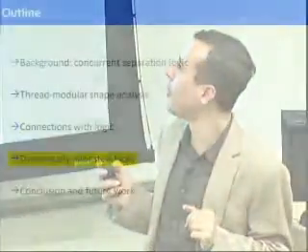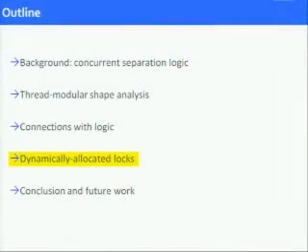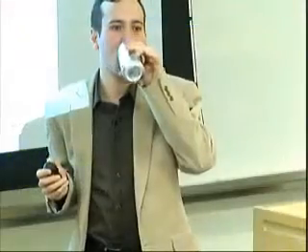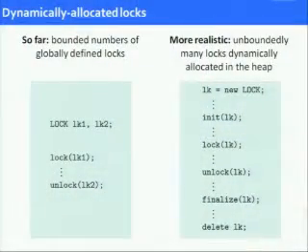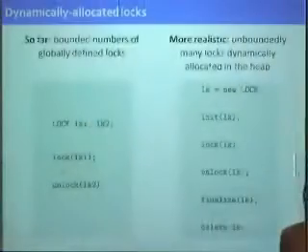Right. So now let's go to dynamically allocated locks. So far we've dealt with a picture where we had one top-level lock declaration, and then the threads used these locks. What's happening in reality usually is that locks are dynamically allocated.